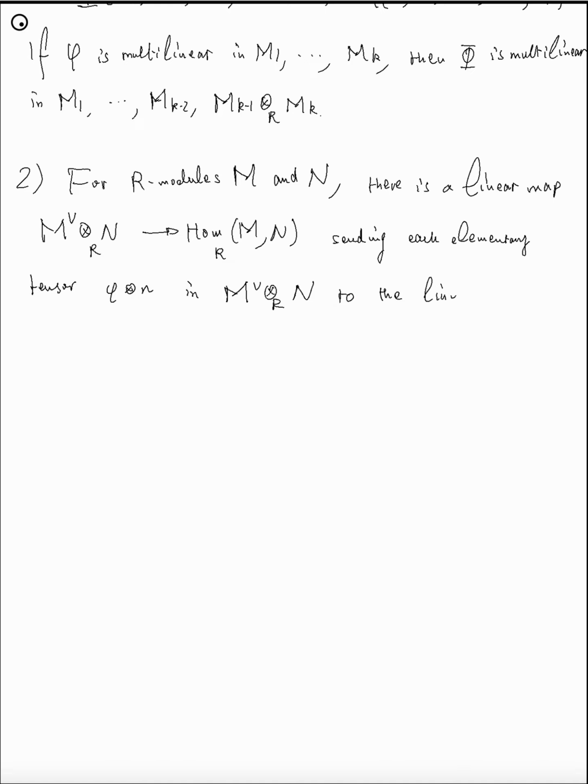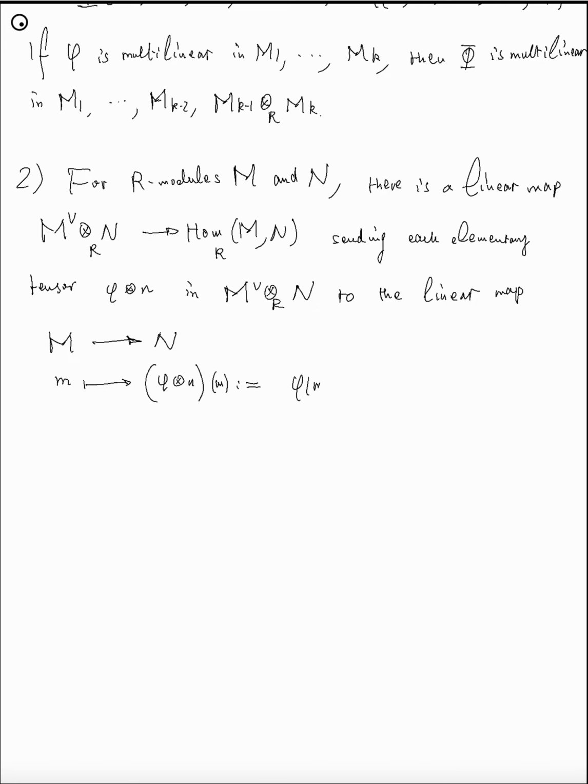So let's give the construction of the linear map. Of course our linear map from M to N is defined by: m is mapped to, still using the notation phi tensor n for that one, phi of m times n.